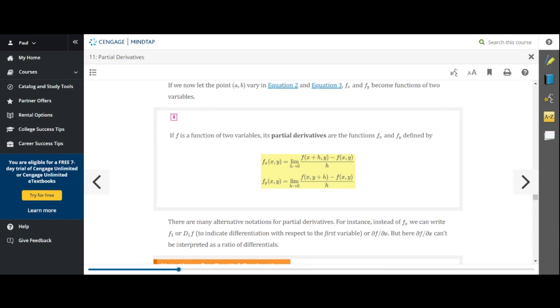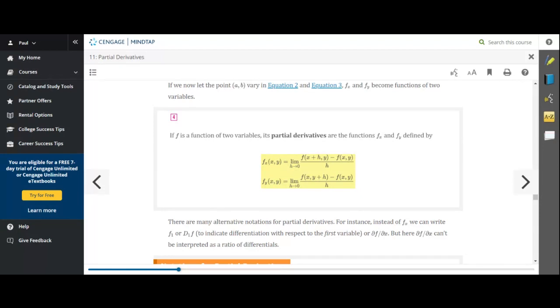You hold y constant and let x vary. You hold y constant and find the slope of the tangent line with respect to x.